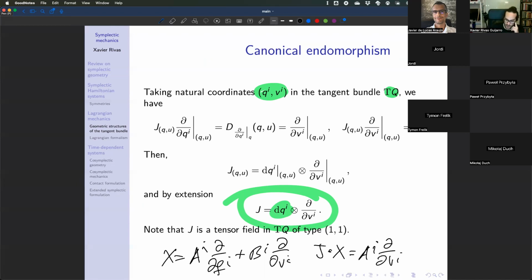Of course, any vector field goes to a vertical vector field, and the v component no longer appears here, so it goes to 0.